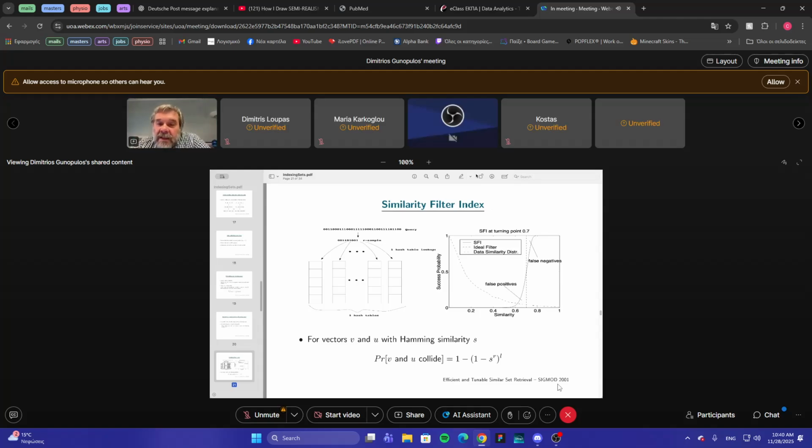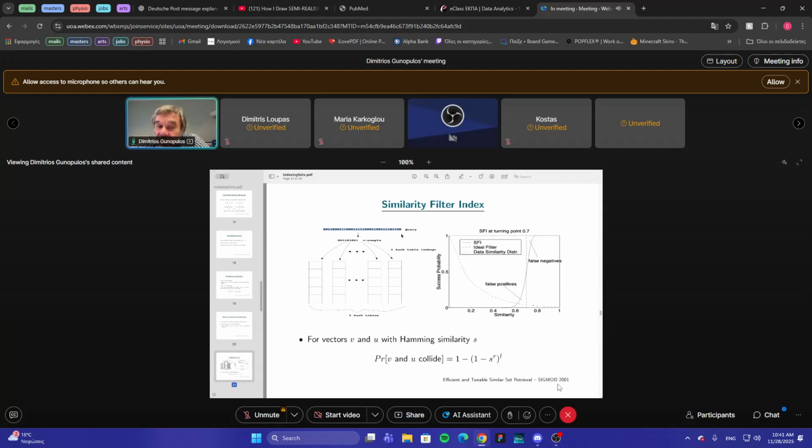Again, what do we want? We're going to have several sets, and each one of the sets will be represented by a signature, a long signature like this. It's a 0, 1 value, right? So it's a binary representation of the set.